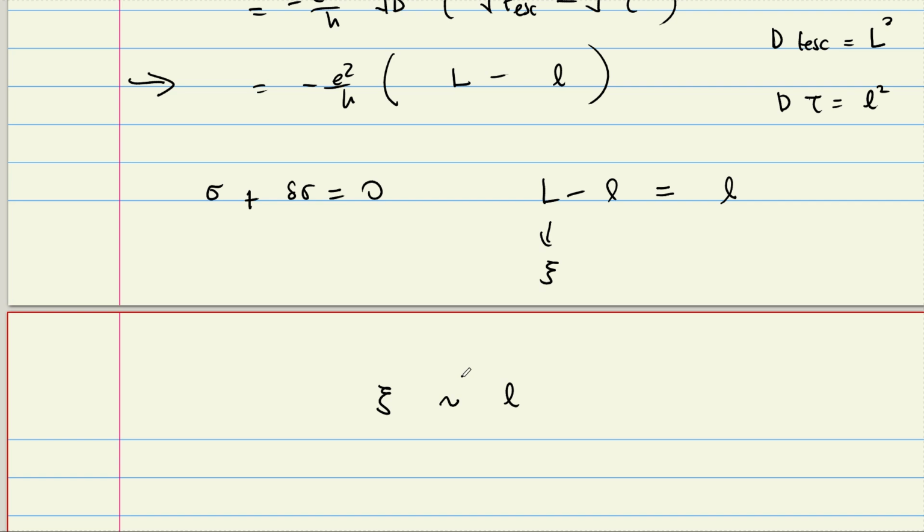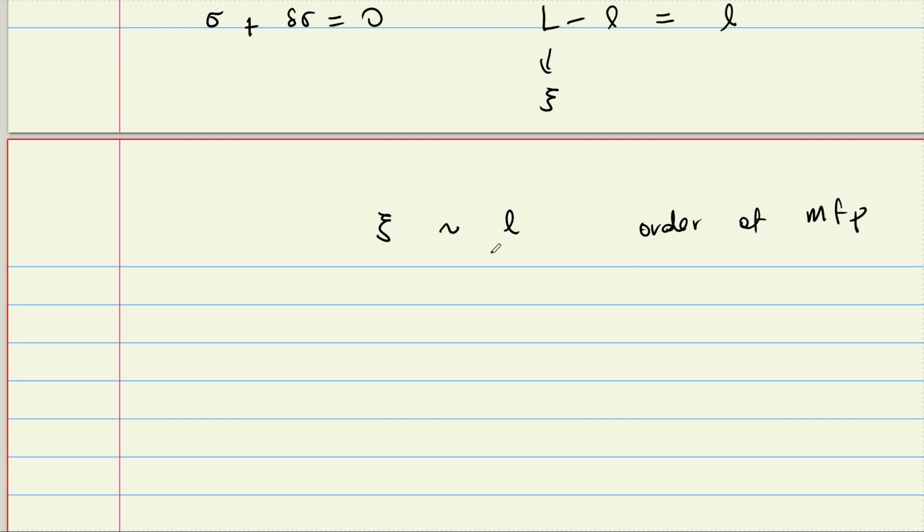So we find something exactly opposite of 2D. In 2D we found this coherence length, or the length at which this correction becomes 0, to be exponentially large. In 1D it is very small, it is of the order of the mean free path, right? What this means is that within doing 1 or 2 collisions, you already get localized, right?